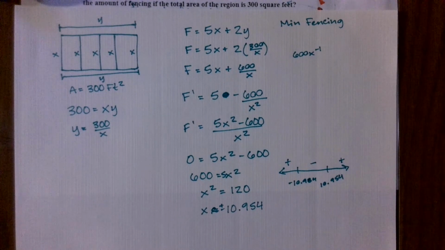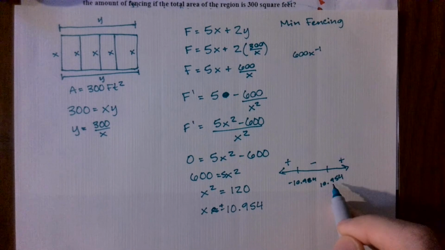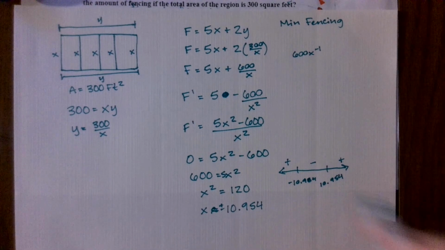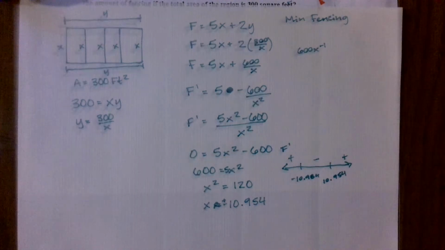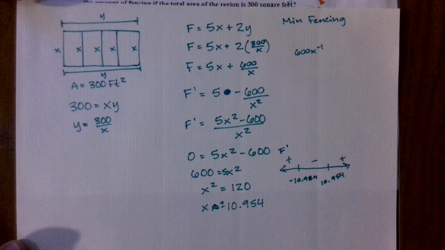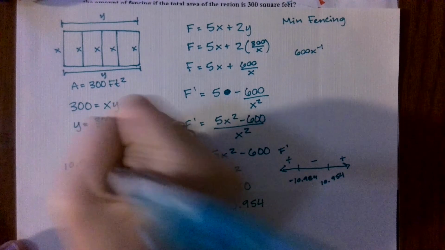And we're looking for the minimum amount of fencing, so I'm looking for where it goes from negative to positive. So that's my 10.954. If I had to justify it, I would say that f prime went from negative to positive. So I'm talking about my 10.954.